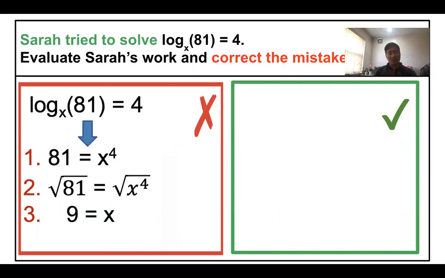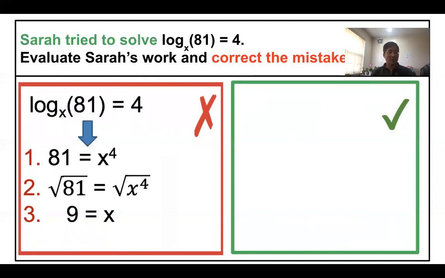Is it correct or wrong? Correct. And then she did the square root to both sides. Is it correct or wrong? It looks okay. Both sides, she did the same, right? Oh, no?